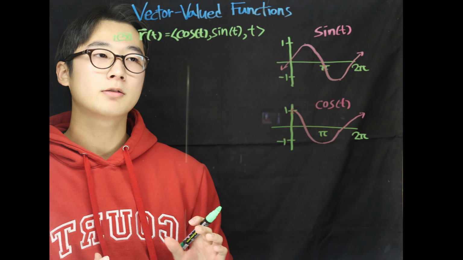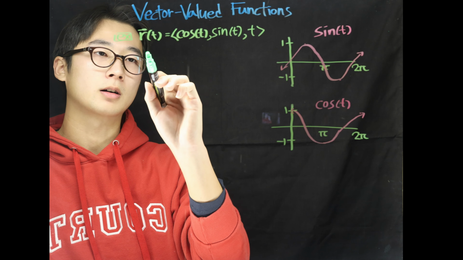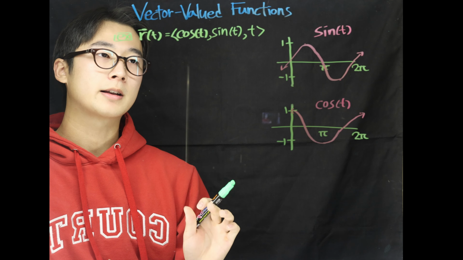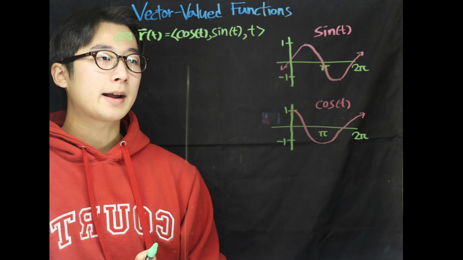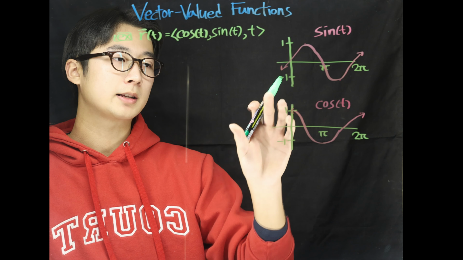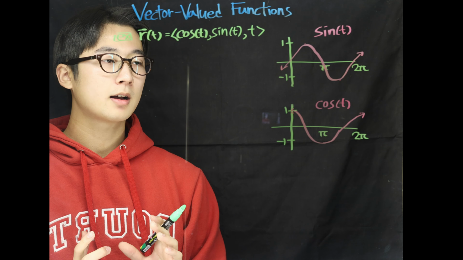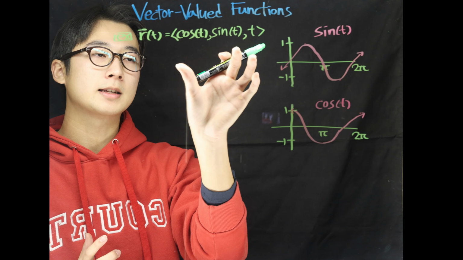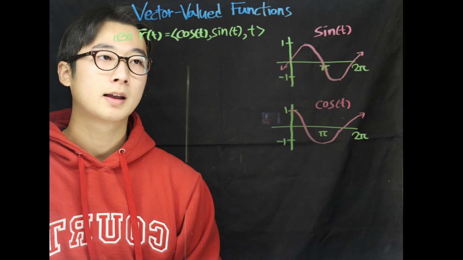Alright, let me give you an example. We are given a vector-valued function, r of t, which is equal to cosine of t, sine of t, and t. As you may wonder, I have drawn the sine and cosine functions here. So these look like this. And let's figure out what this vector-valued function looks like in xyz space.